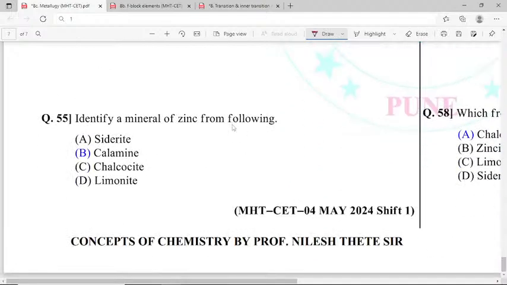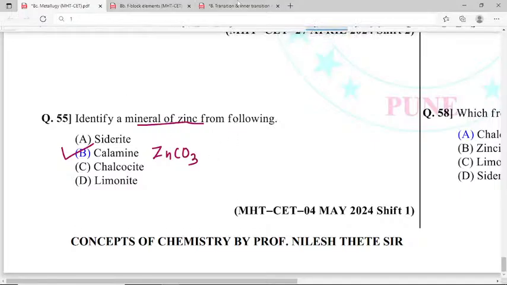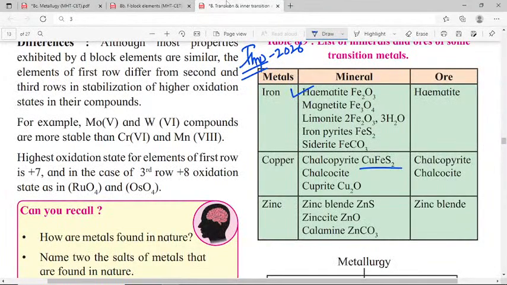Identify mineral of zinc. Mineral of zinc, calamine. Zinc carbonate, ZnCO3. Zinc carbonate, calamine.